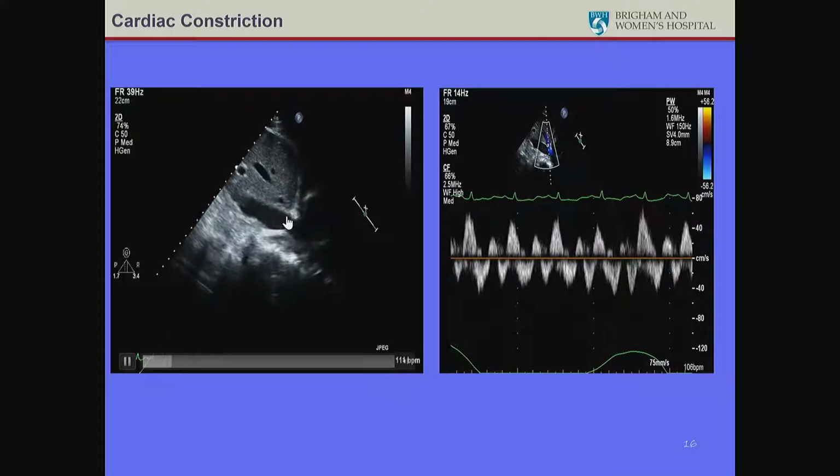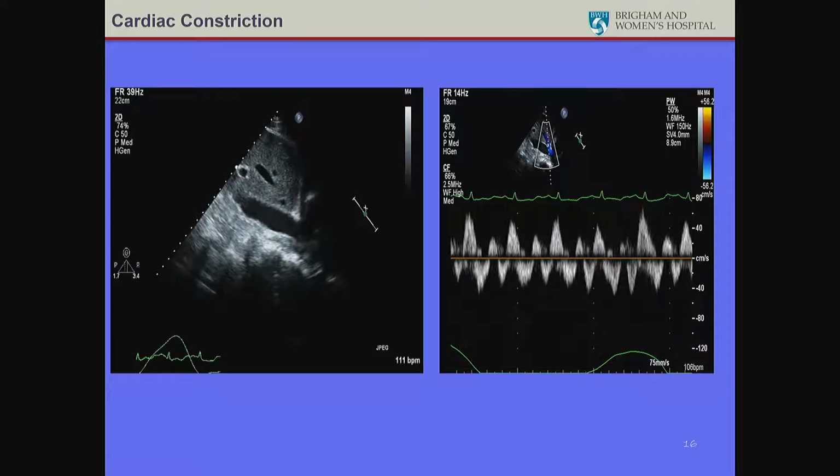In both tamponade and constriction, you will see a dilated and plethoric inferior vena cava with little inspiratory collapse indicative of high right atrial pressures. However, in constriction, unlike pericardial tamponade, you will get an expiratory increase in the A reversal velocity on pulse Doppler of the hepatic veins.